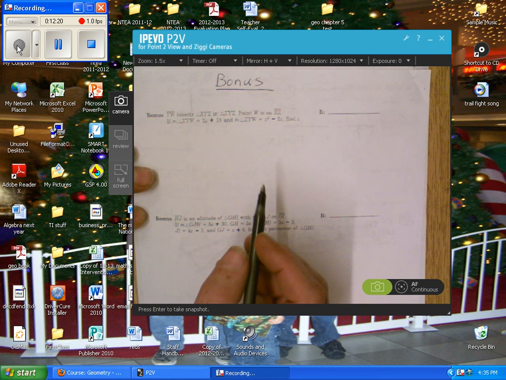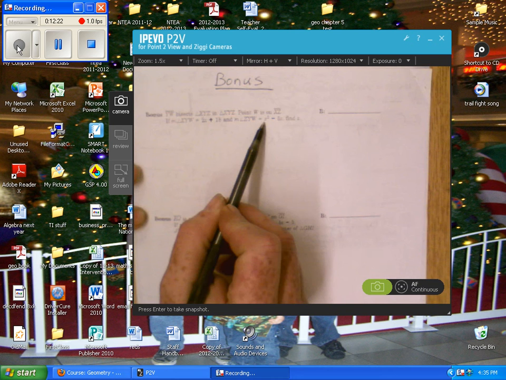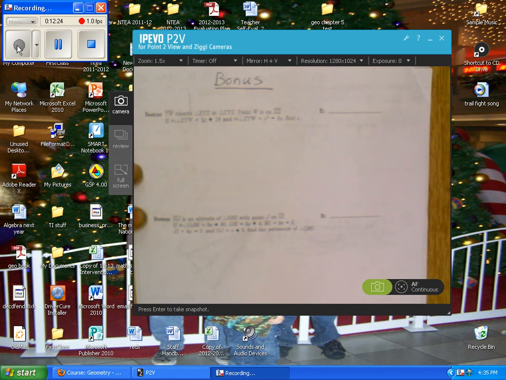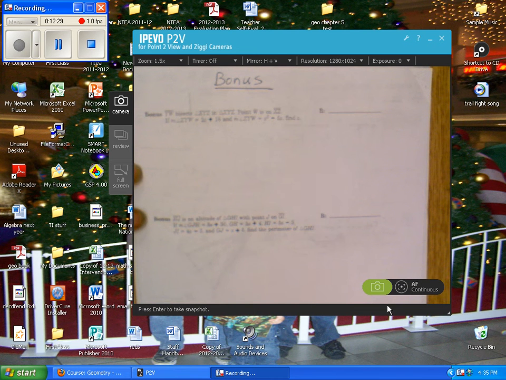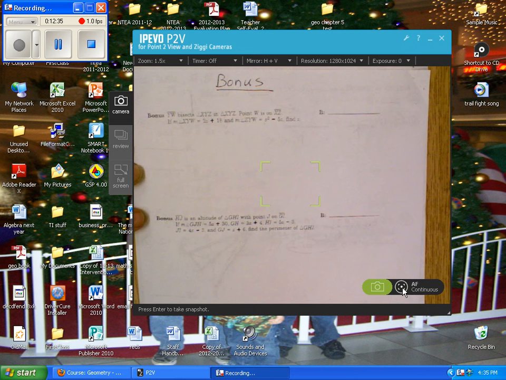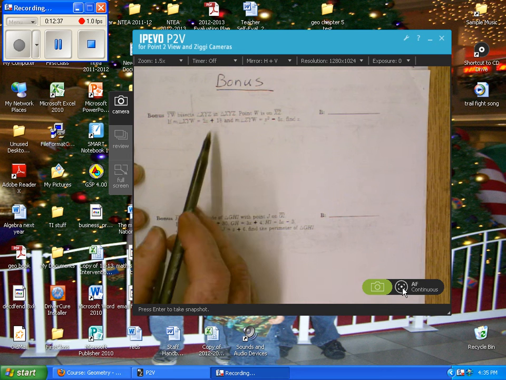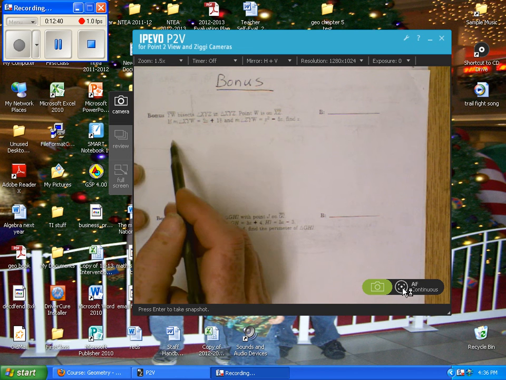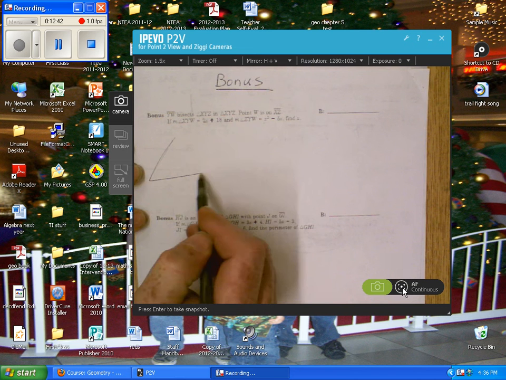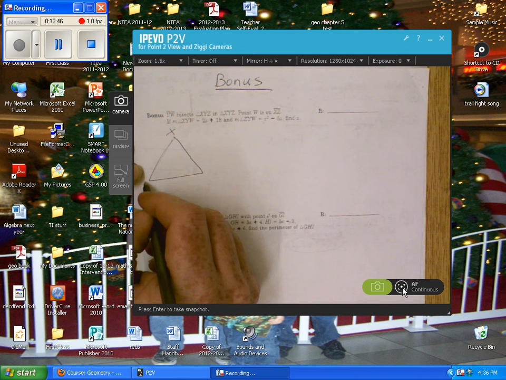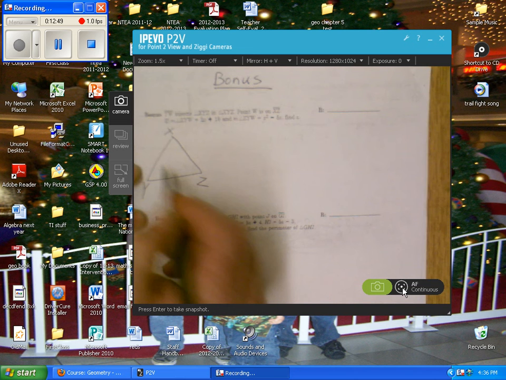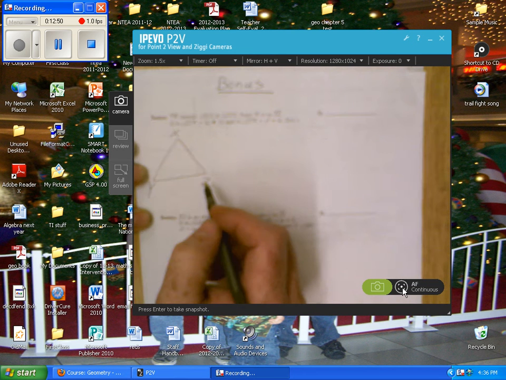On the bonus, and we're going to start doing more problems like these, the first one and the last one. On this, what you're going to have to do is maybe draw a picture of a triangle, label everything, fill in the angles, see what equation you can set up.